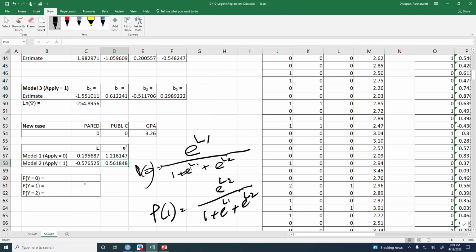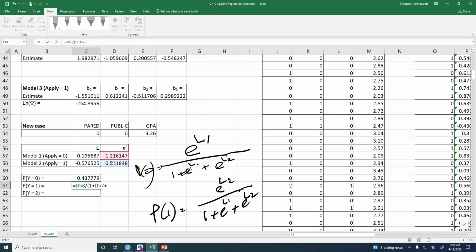Okay, so let's do that. So this will be e to the L divided by 1 plus that plus that. So again, here it is e to the power of L, not e to the power of minus L. So that's that, and then take that divided by 1 plus that.